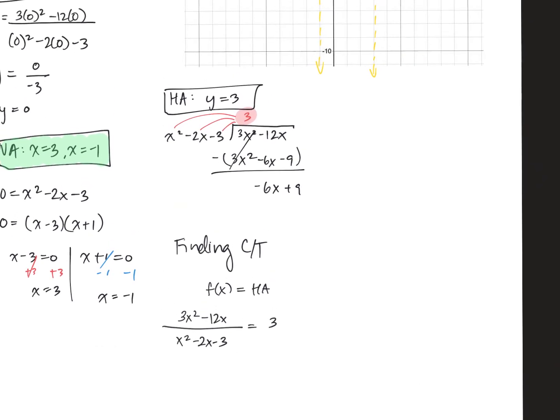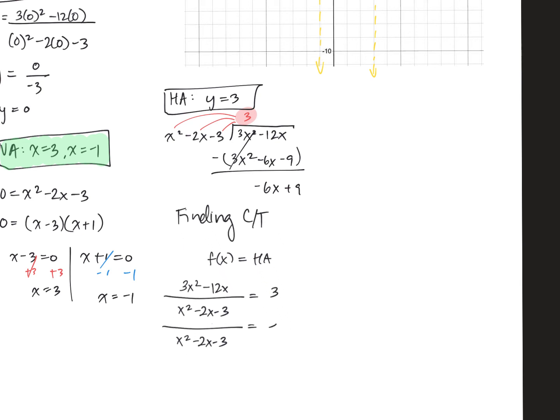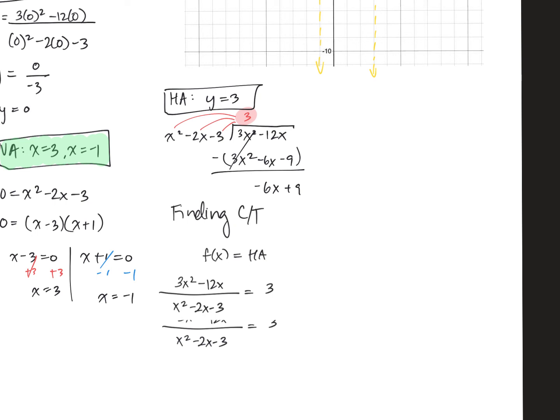Alright, so let me go ahead and move this up a little bit, and then see if I can erase this. Okay, so let's cross multiply. So we can put the 3 over 1 to cross multiply. And then we end up with 3x squared minus 12x equals 3 times x squared minus 2x minus 3.